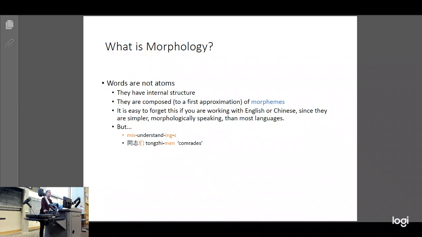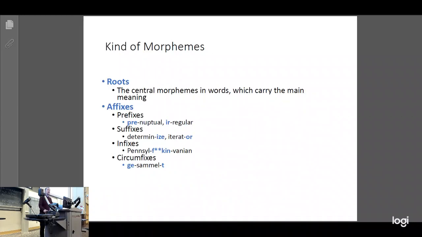So morphemes come in different types. They can be roots, or they can be affixes. Roots are the center of a word, the part that carries most of the meaning of a word. Then there are affixes that change that meaning or add contextual information associated with that root.